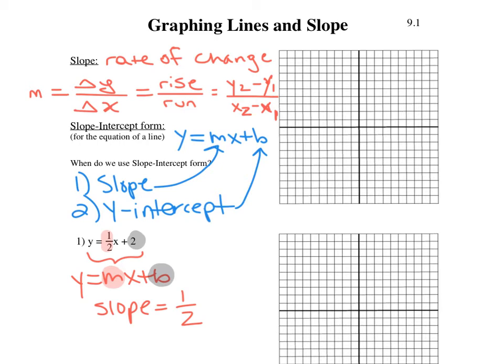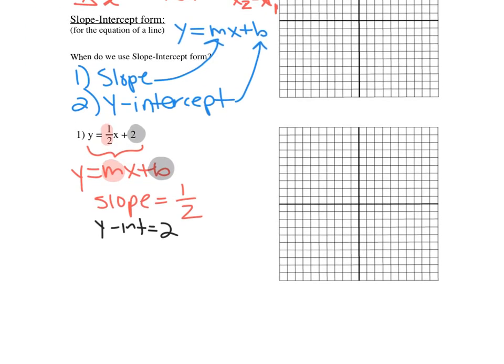So let's write that out. My y-intercept is 2. So when I come over here to graph this, I'm going to go all the way up to my y-intercept of 2, put a point here. And I'm going to rise 1 and run 2. So I'm going to rise up 1 over 2. Rise up 1, right 2, up 1, right 2.